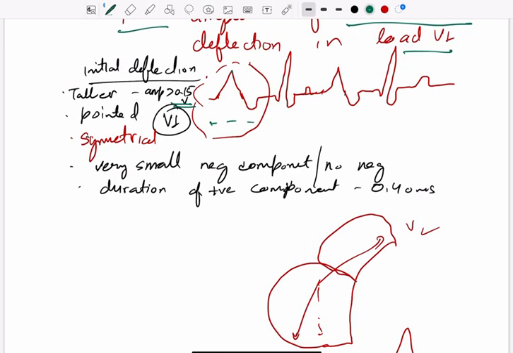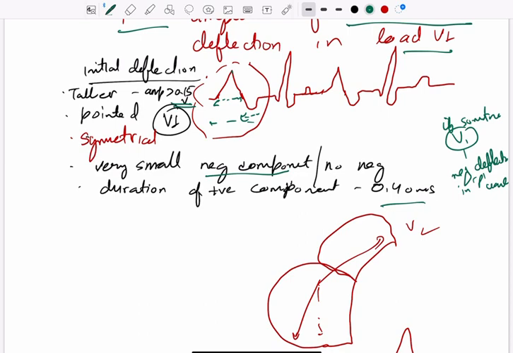The more important thing is that it is going to have a very small negative deflection, or even sometimes you find that V1 has no negative deflection in the P wave, which also signifies that the patient may have right atrial abnormality.